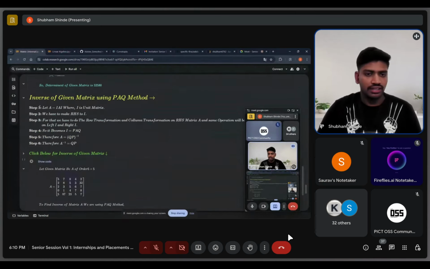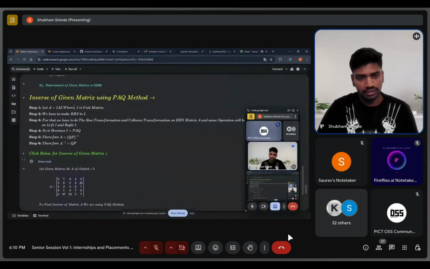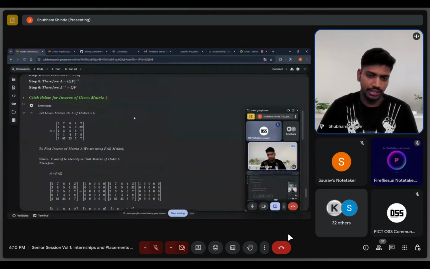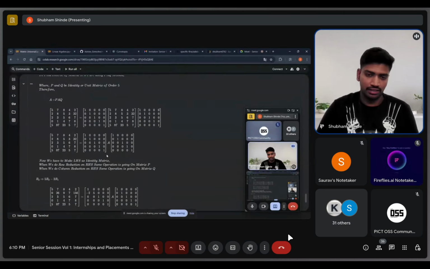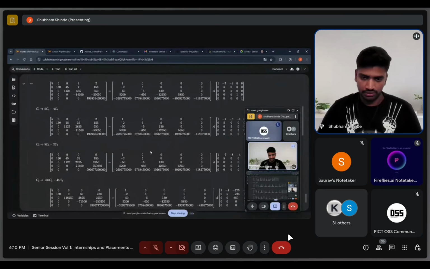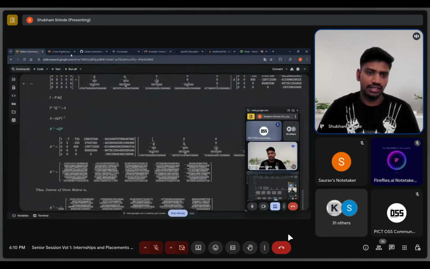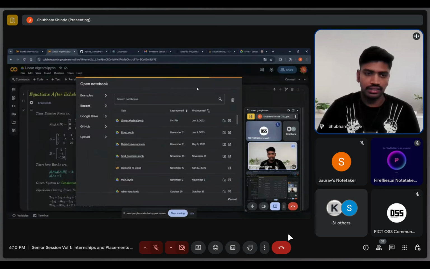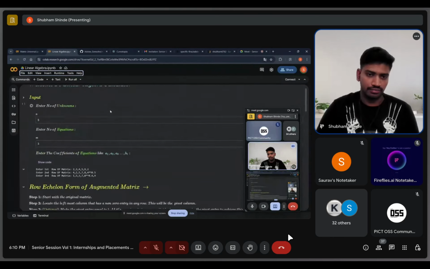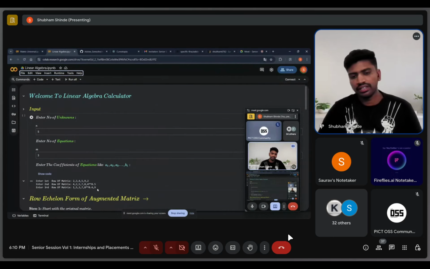Another thing is I also worked on the inverse of a matrix using the PIQ method. I used row echelon and column echelon forms in parallel and calculated that. You can enter any numbers and any order here. Same with this, I have made a project for linear algebra.